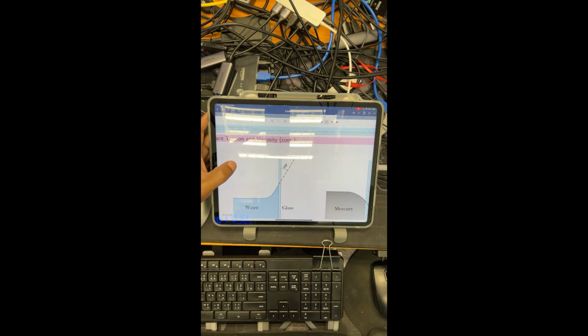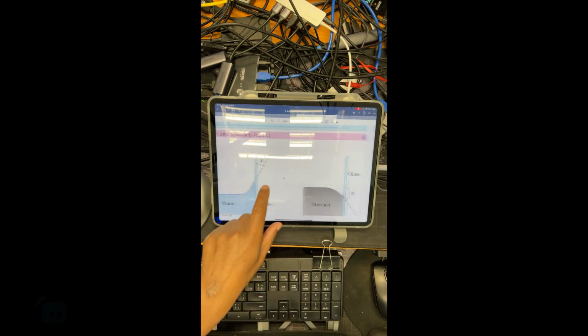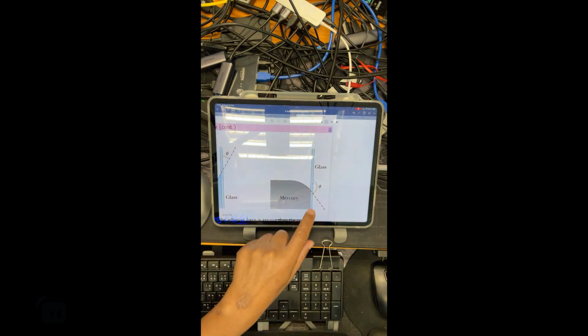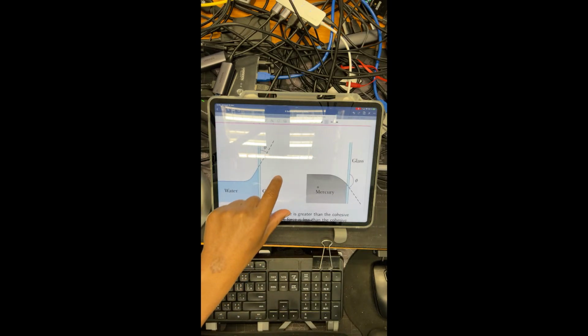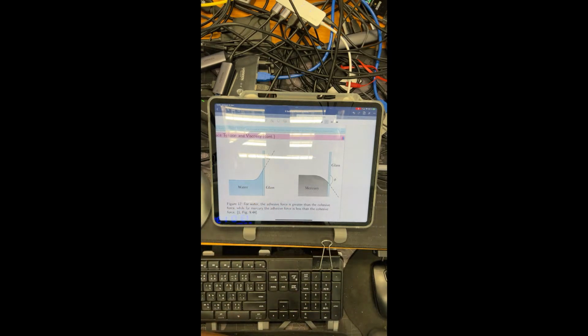Okay, and one more thing that is quite important is that the scientists or the physicists have analyzed the angle of this almost straight line of the water with respect to the plane of the glass, the capillary tube, and this one, the angle between the glass and the surface of the mercury. It's called angle phi. Okay, you can see that this angle is less than 90 degrees, right?